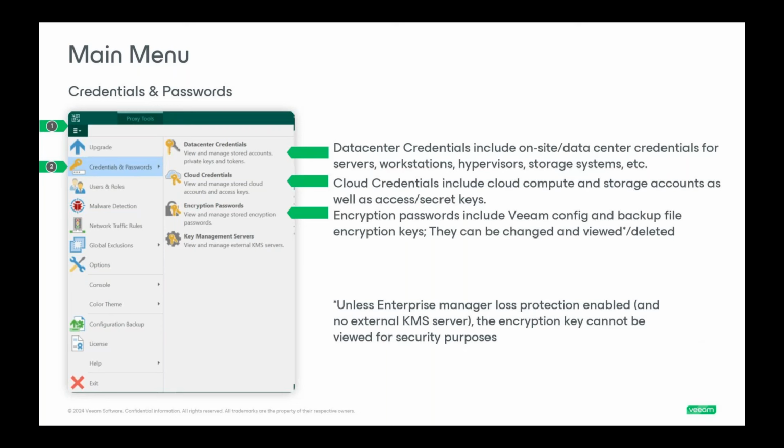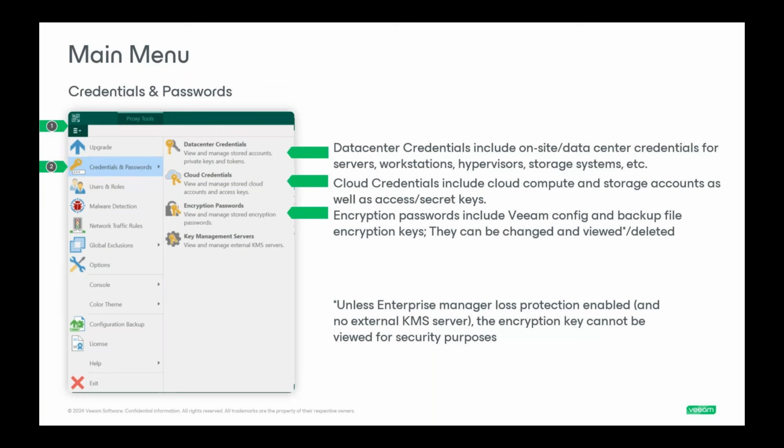Encryption passwords. So this is going to be for your configuration backup as well as the job backup encryption if you enable it through there. If for any reason you need to change an encryption password or anything from there, and I don't think I talked about that on Enterprise Manager, but if you lose an encryption password, Enterprise Manager can also be used for that, if you're encrypting things with Veeam.